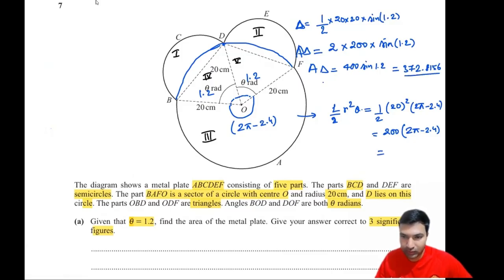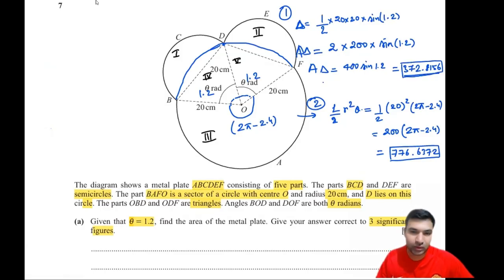And this value in the calculator, the area of the sector is 776.6372, something of this sort. So one is this, one is this.